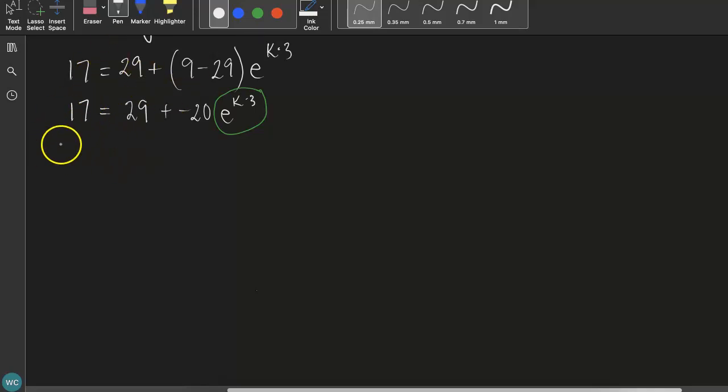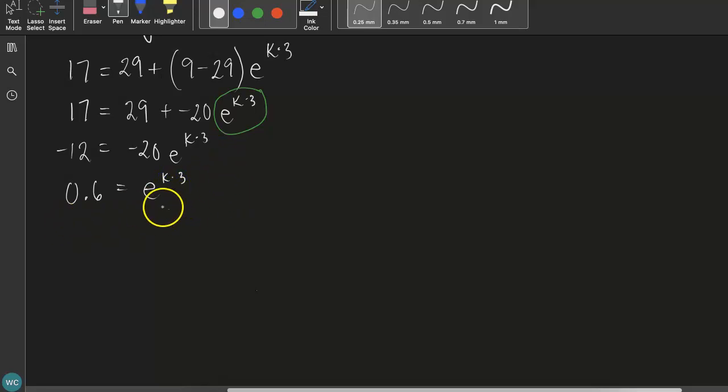And by subtracting 29 from both sides, I should have negative 12 equals negative 20 e to the k times 3. Then divide both sides by negative 20. So negative 12 divided by negative 20 would be 0.6 equals e to the k times 3.